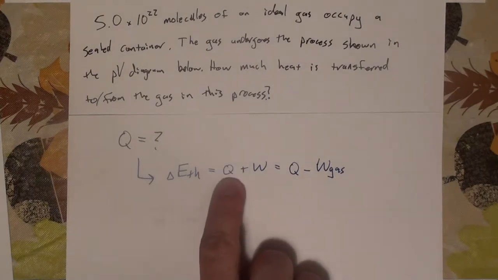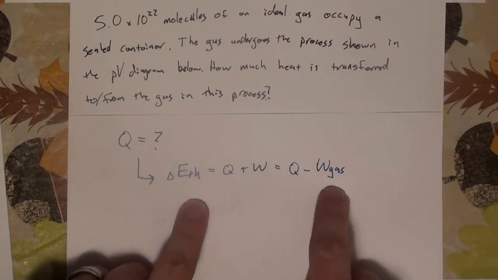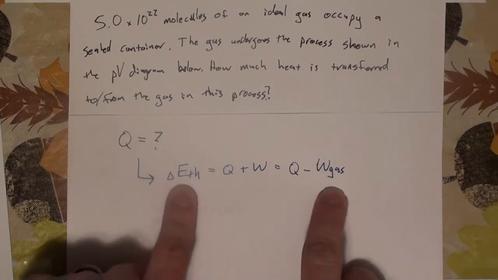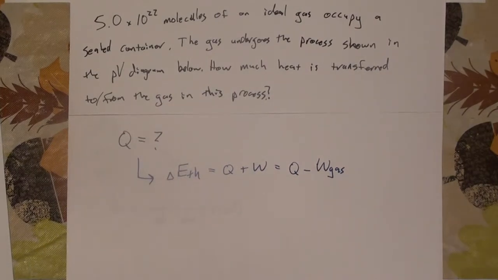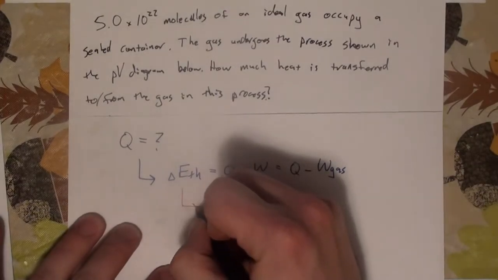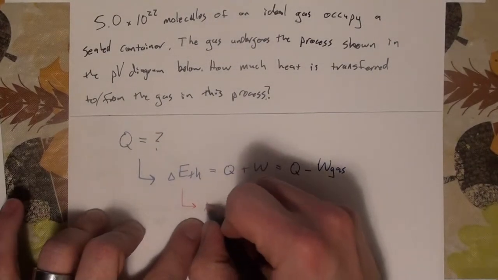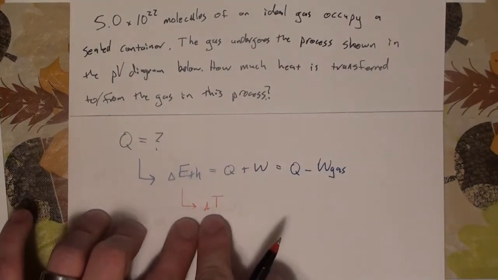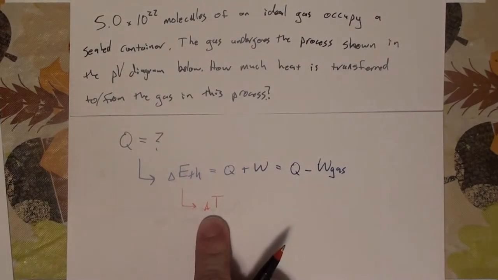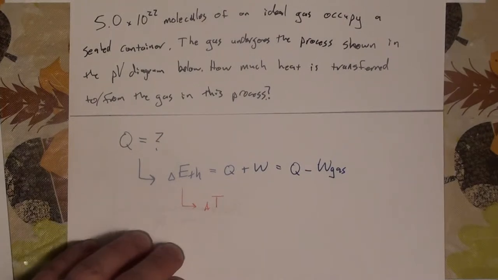So Q is what we're solving for. If we could figure out the work and the change in thermal energy, then we could use the simple relationships to solve that. The change in thermal energy is related to a change in temperature. Change in thermal energy is not equal to delta T, but it's equal to delta T times some stuff that we know, actually.